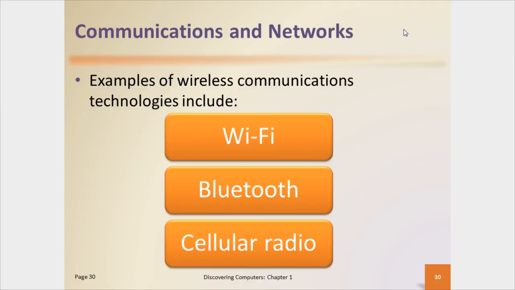It can allow you to connect your cell phone to your automobile so that you can send and receive phone calls through your car rather than directly through your phone. So Bluetooth is really a cable replacement technology, shorter range, and it can be quite convenient in certain situations. Then there's cellular radio and things like this. So there's a lot of different examples of wireless communications.